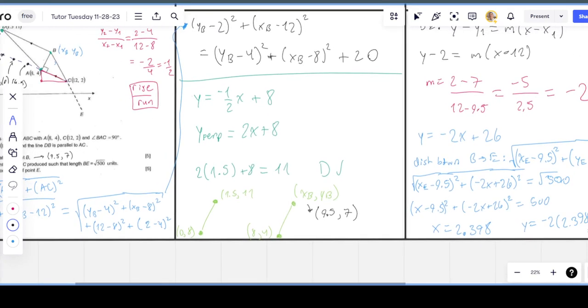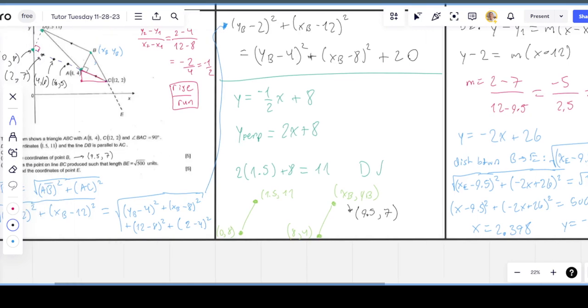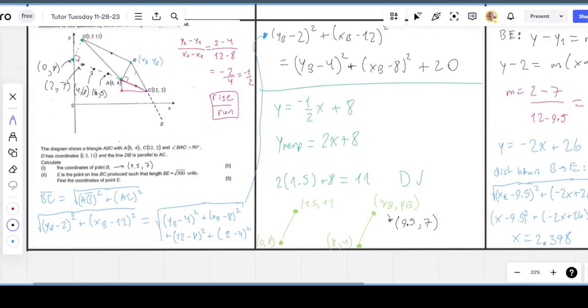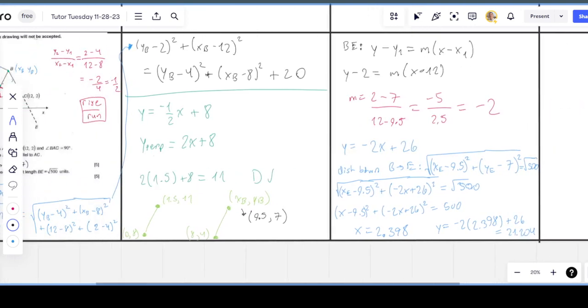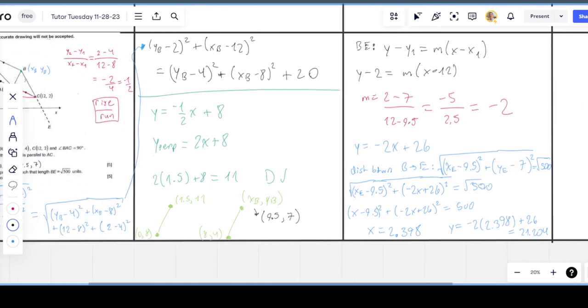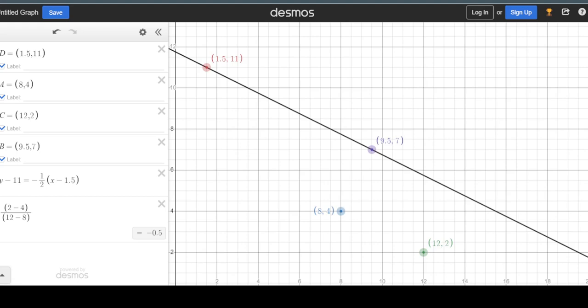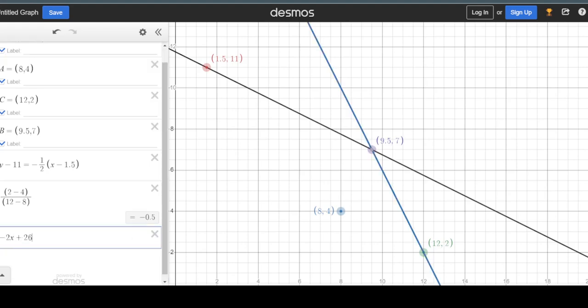Did I miss something? Because the x value can't really be that low, I think, for coordinates of point E. So let me check my Desmos.